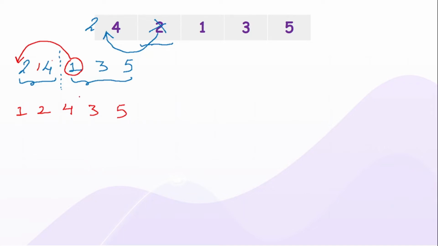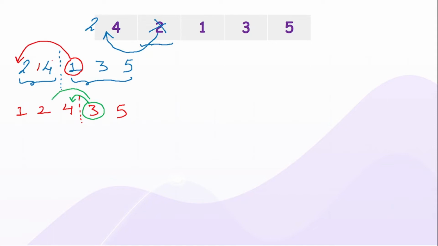And the sorted part of the list will become 1, 2, 4 and I still need to insert 3 and 5 in its correct position. To move ahead, I'll take the next number in the list, that is 3. Now I'll compare 3 with the number at its left, which is 4. Since 3 is smaller than 4, I'll further compare 3 with 2.